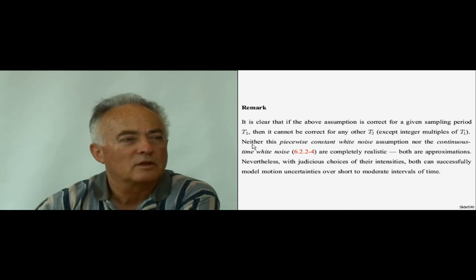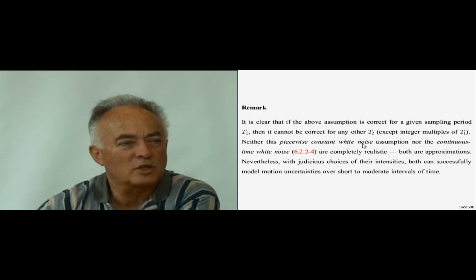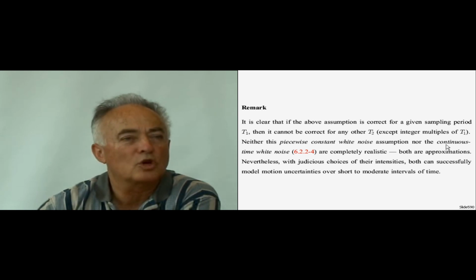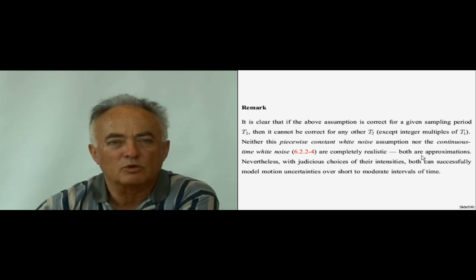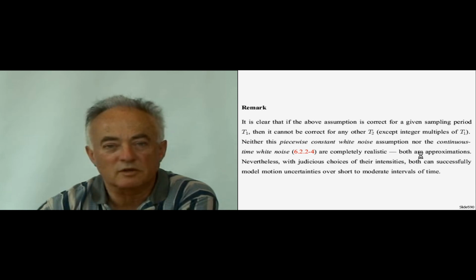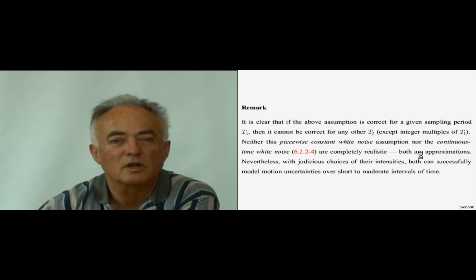So we already see a physical problem here, but neither this piecewise constant white noise assumption nor the continuous time white noise assumption are realistic. Both are really approximations. The uncertainty in the motion is not going to be a piecewise constant jumping acceleration white sequence. It's not going to be a continuous time white noise. It's not going to be an autocorrelated random process either.